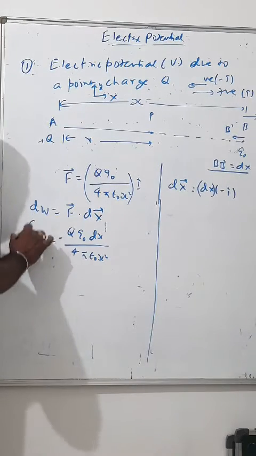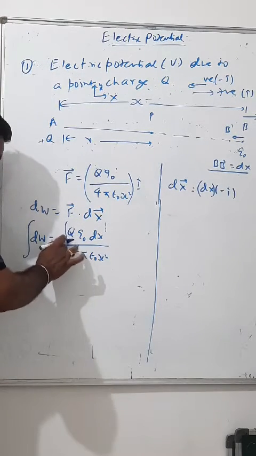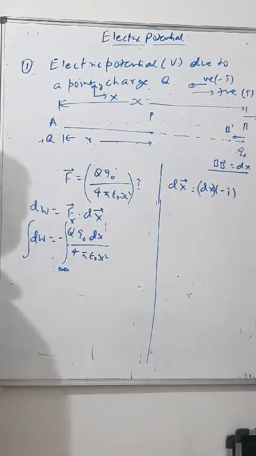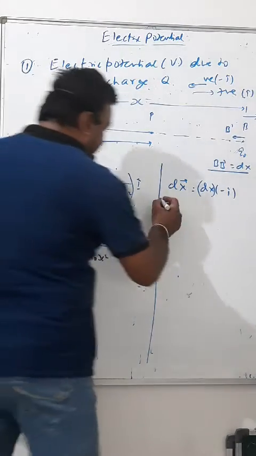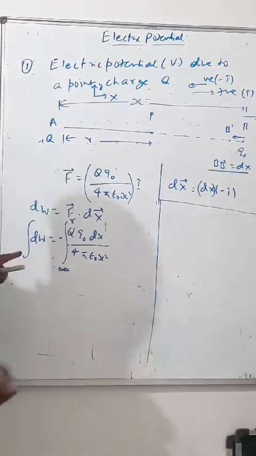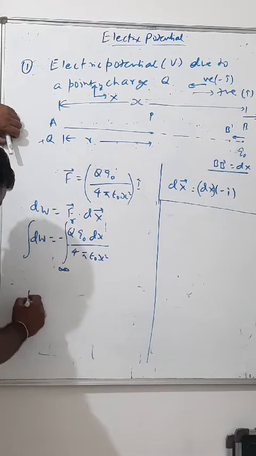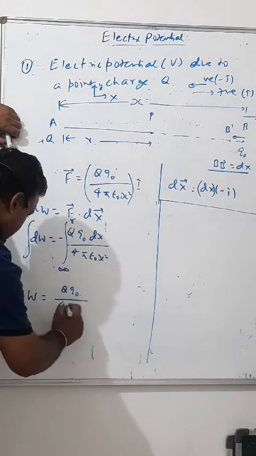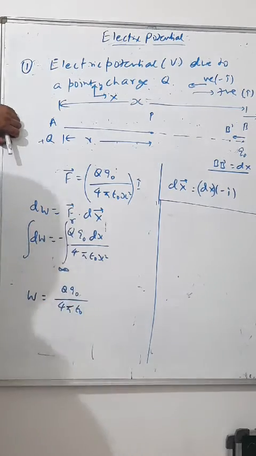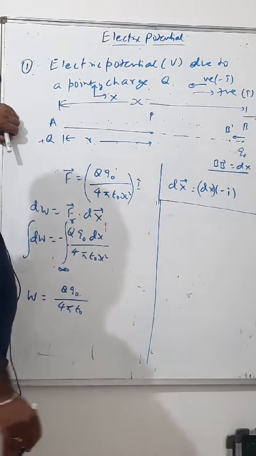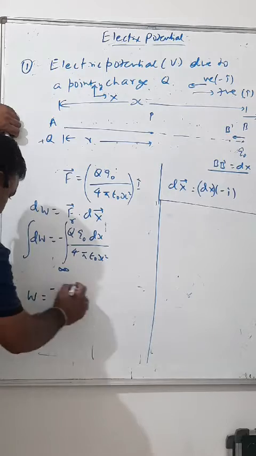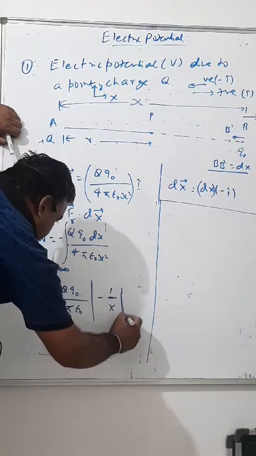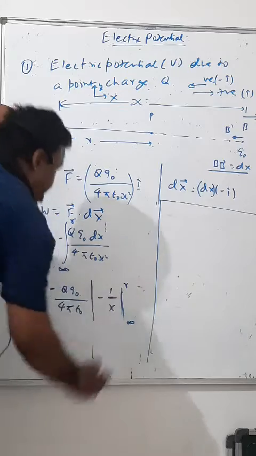Now I integrate, as per the definition, from infinity to r. This work done is from infinity. W is equal to Q Q naught upon 4 pi epsilon naught as constant. Here is a minus sign, and the integration is minus of 1 by x from infinity to r.